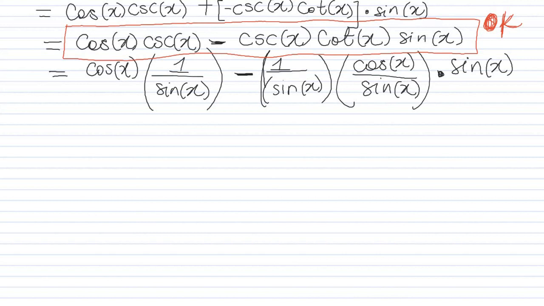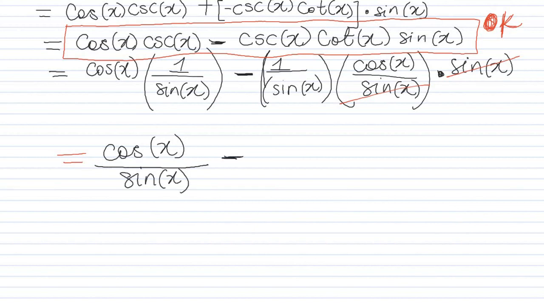So here we have sine x, we can cancel that out, right? And then we have here cosine x divided by sine x. Okay, so now we have cosine x over sine x minus, now we have cosine x, this is left from the previous cancellation, and this is left too.